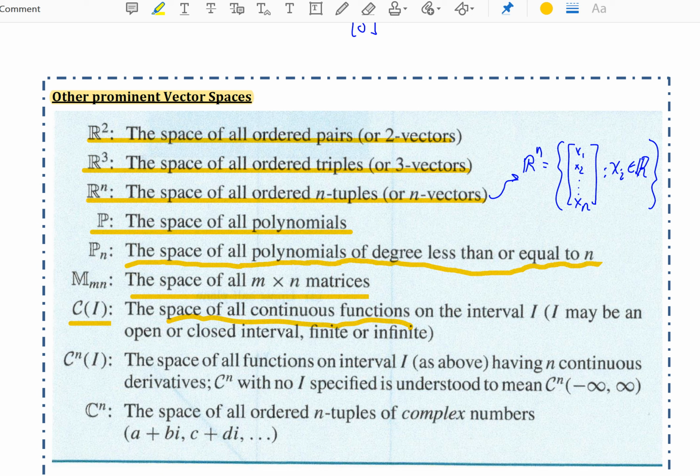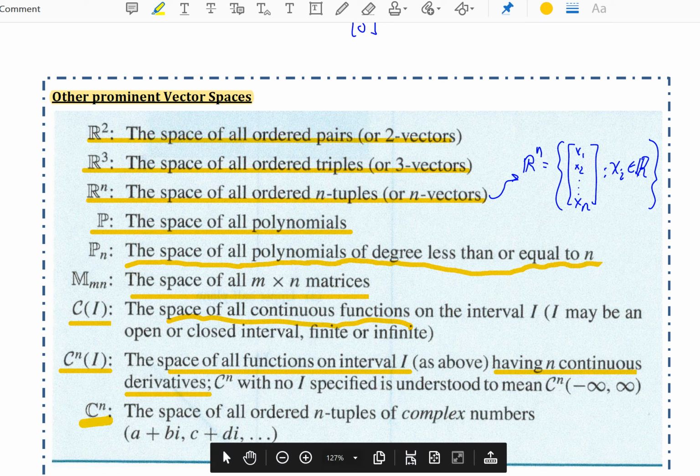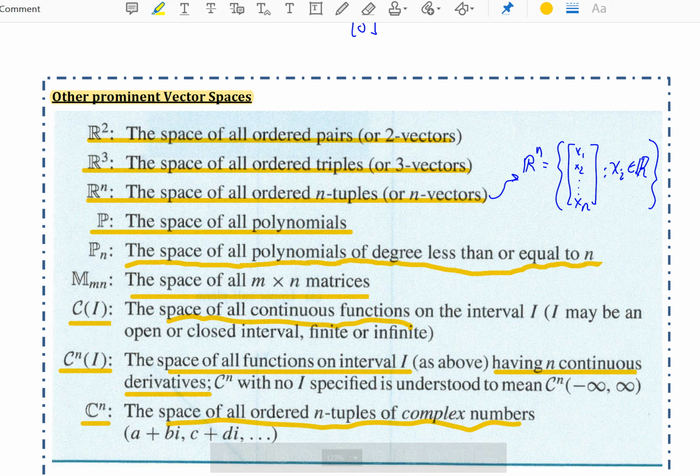If you take two continuous functions and add them together, it's still a continuous function. C^n(I) is the space of all continuous functions on an interval I that have n continuous derivatives. Or Cn, the space of all ordered n-tuples of complex numbers.